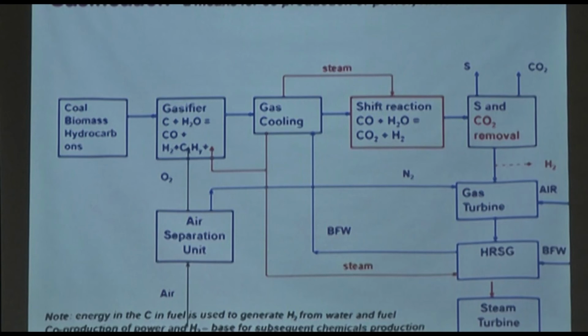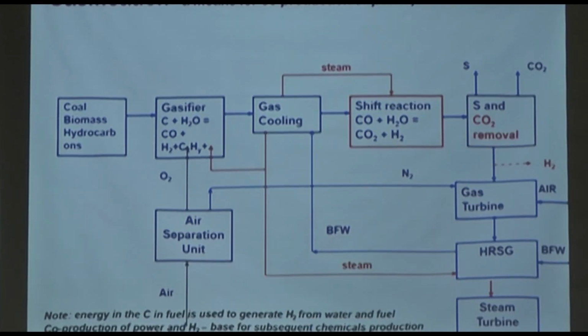So why? Okay. So shift reaction. Gas cooling is done for two reasons. One is to cool the gas, to separate the alkaline component from the gas, so that the alkali vapors do not go into the gas turbine.